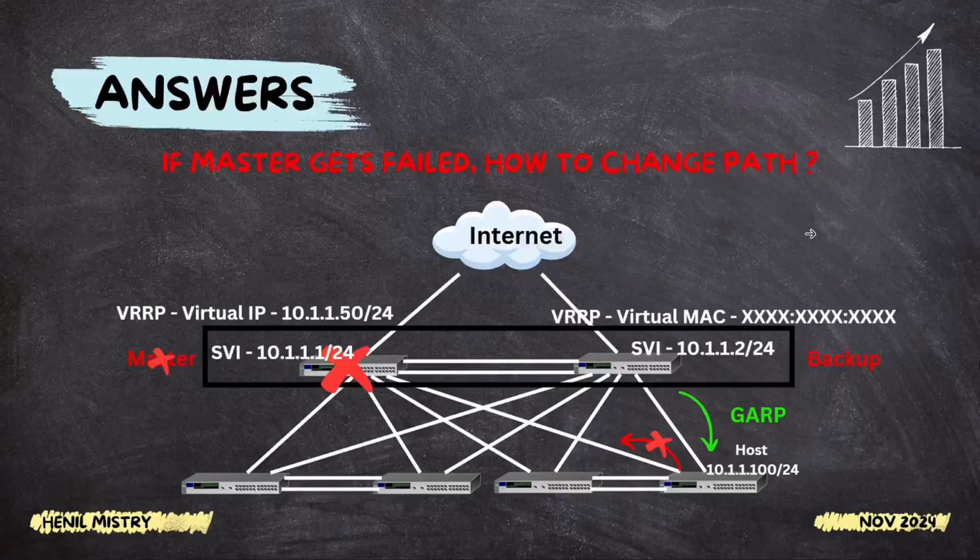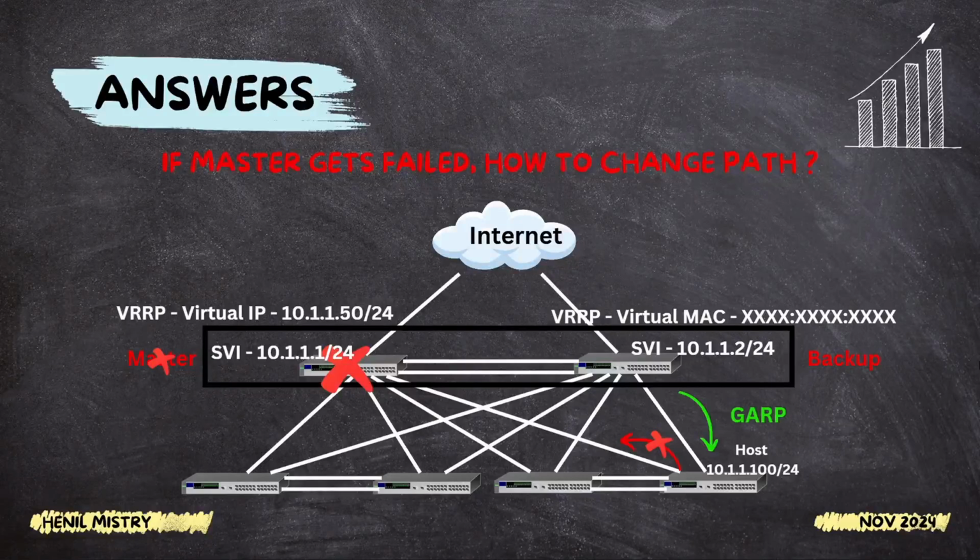So the answer is GARP, which is also known as Gratuitous ARP or Gratuitous Address Resolution Protocol. So whenever this device backup will know that this device master has failed, because the dead timer has expired, in that case this device itself will send the ARP.